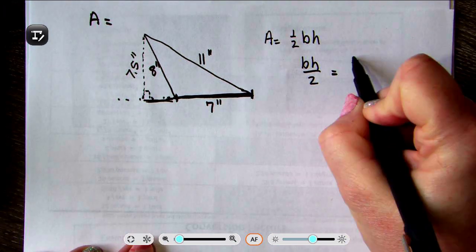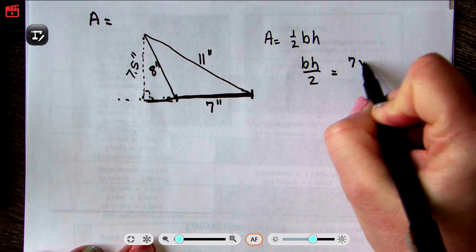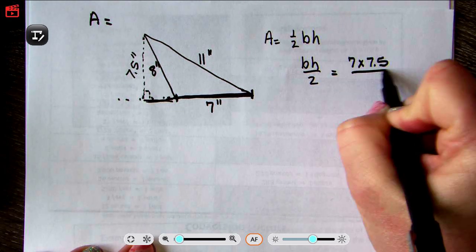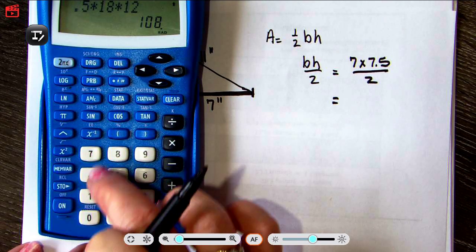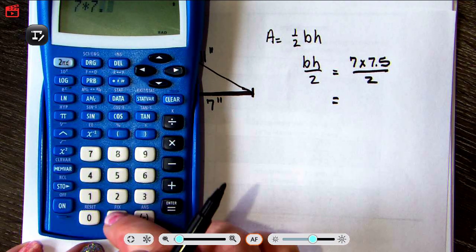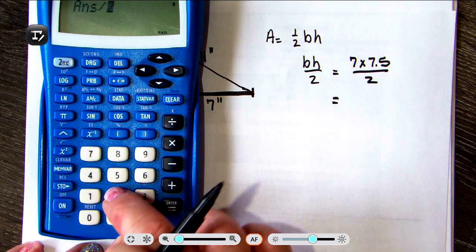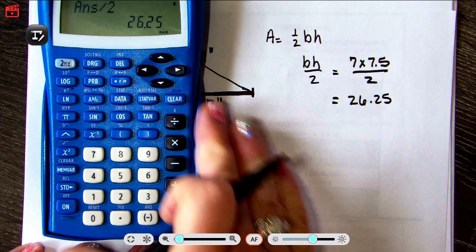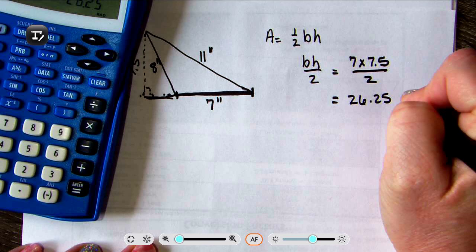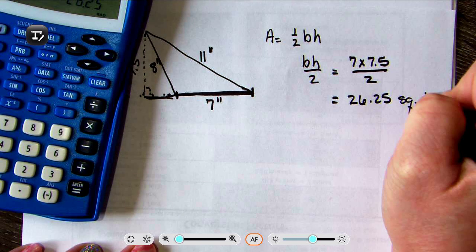So for this problem, our base is 7, our height is 7.5, and we divide that by 2. So I'm going to take my 7 times my 7.5, I'm going to divide that by 2, and I get 26.25, and this would be square inches.